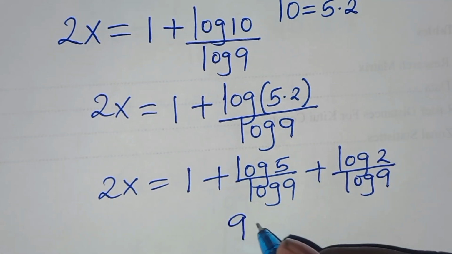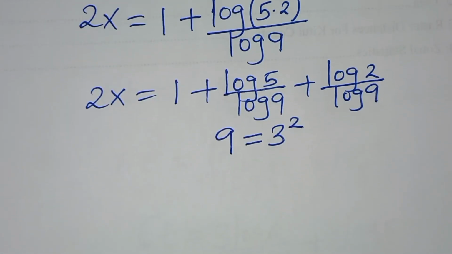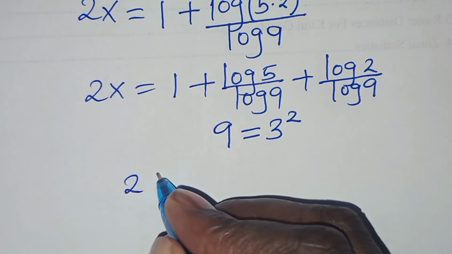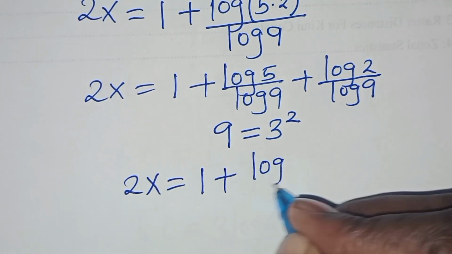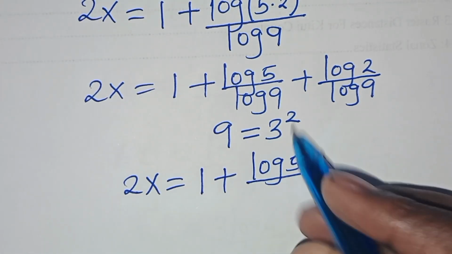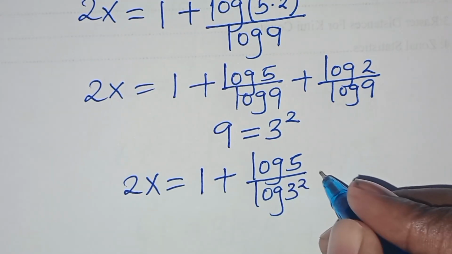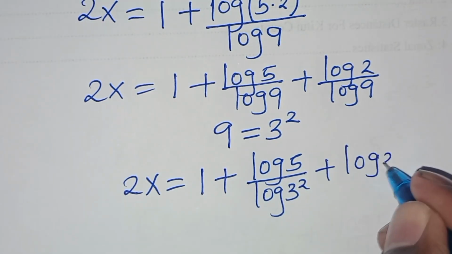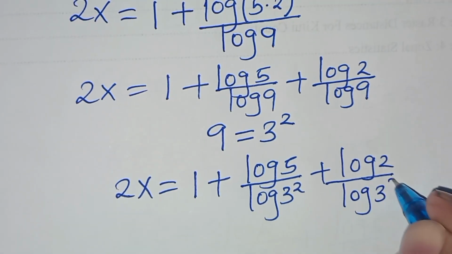So here we can express 9 as 3 to the power 2. So this implies that here this is 2x, which is equal to 1 plus log 5 divided by log 9, which is log 3 to the power 2, plus log 2 divided by log 9, which is log 3 to the power 2.